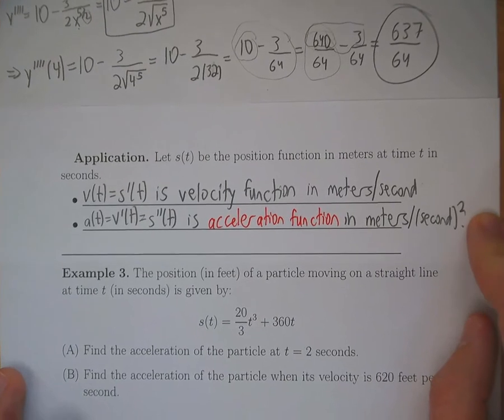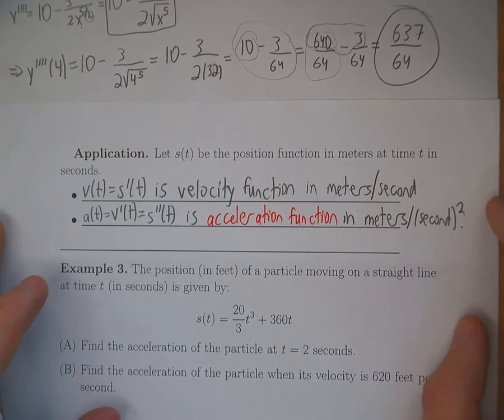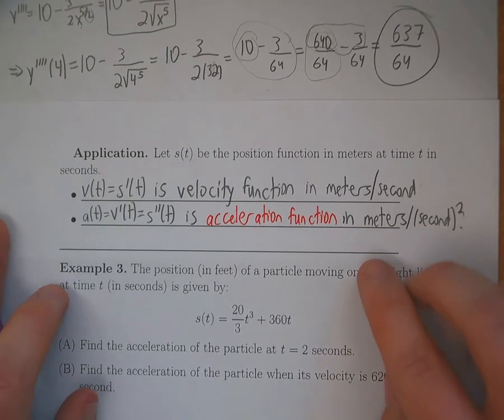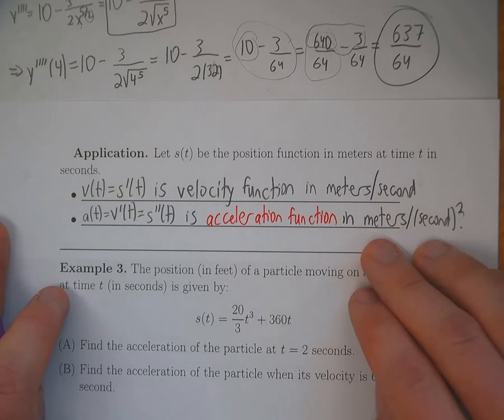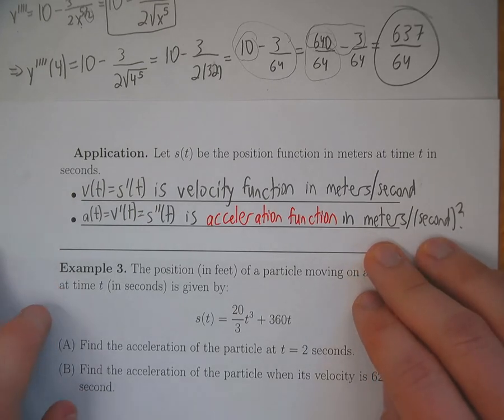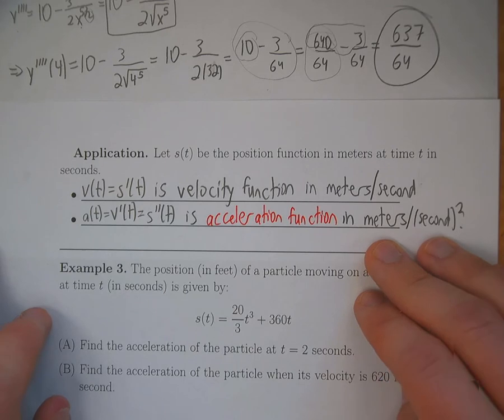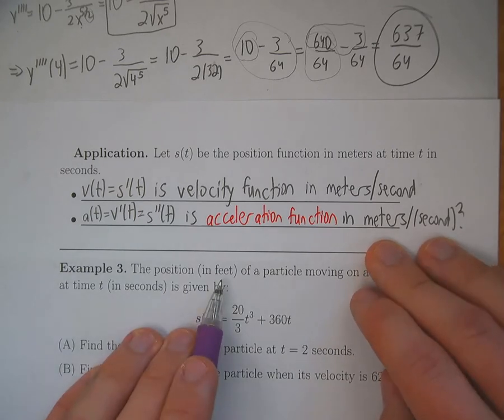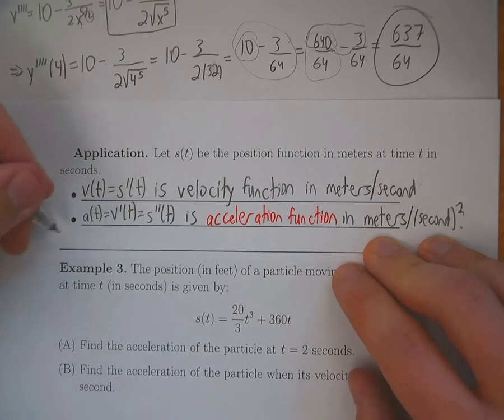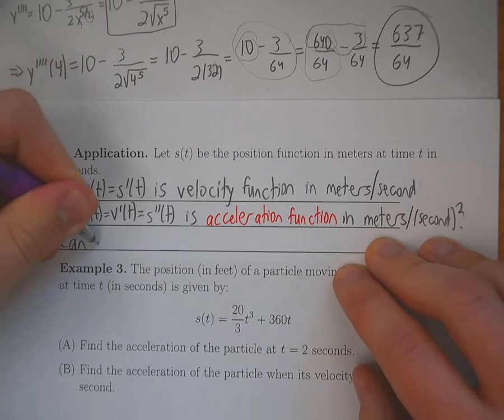Okay. And what's nice about this is that you can replace meters and seconds with the respective units given in the problem. So if you have feet, as you'll see in the next example, it'll be feet per second squared.